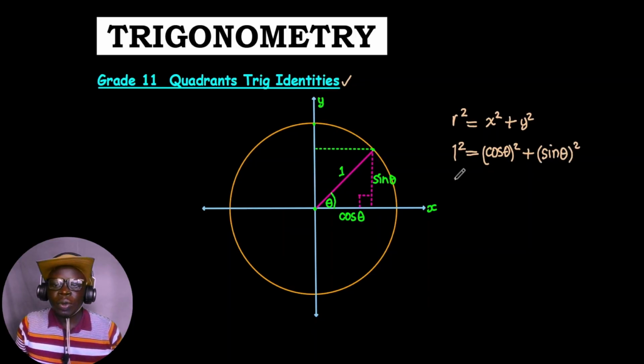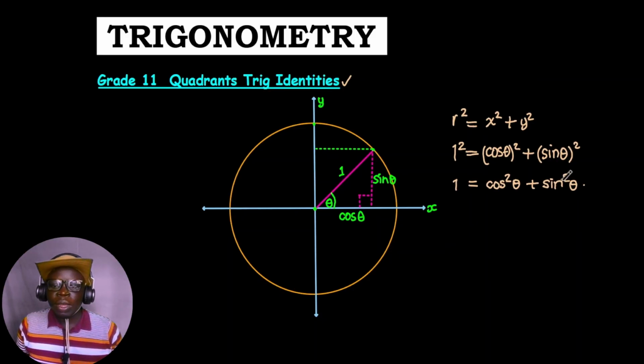Therefore, squaring 1, we get 1 equals; squaring cos theta, we get cos square theta. And from here, we move on to the next step. The square of this sine is also sine square theta. And that is the identity. But in most cases, we write it starting with sine.